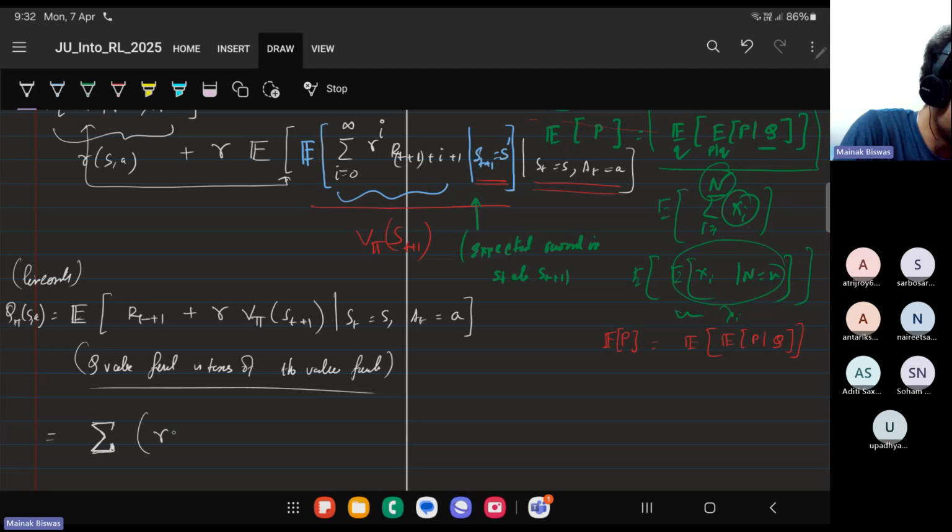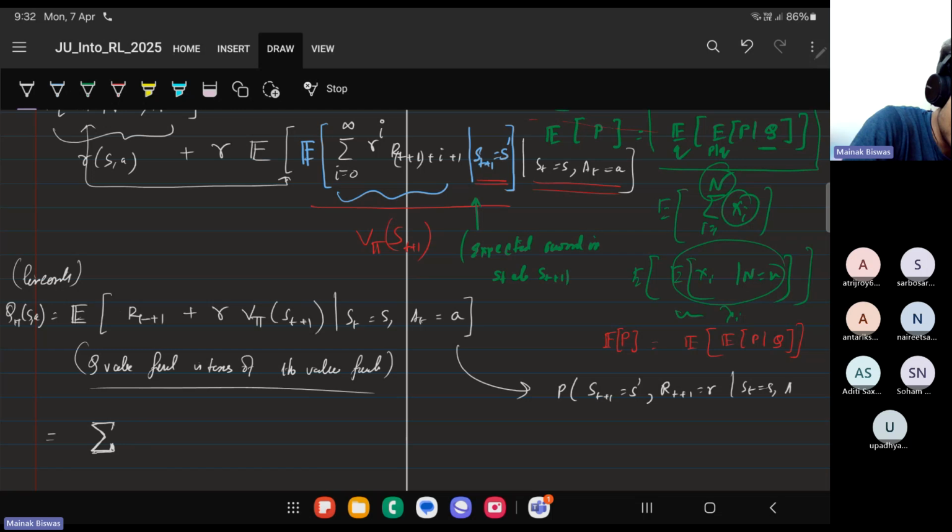Like in terms of summation, can you tell that? Remember again, everything is known to me. ST plus 1 is S prime. RT plus 1 is R. ST is equal to S. AT is equal to A. All of these are known to me. This is given by the MDP itself. Yes or no?